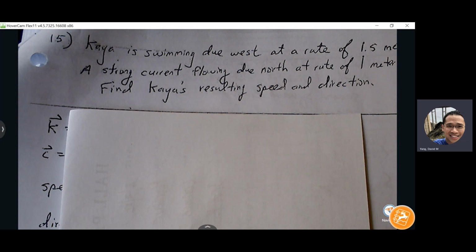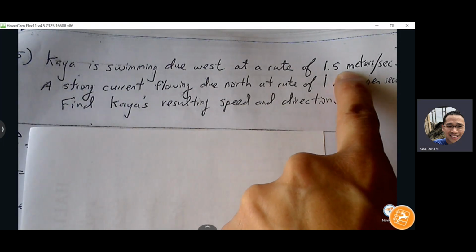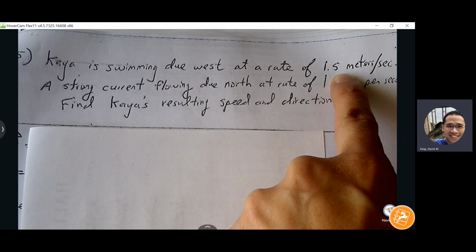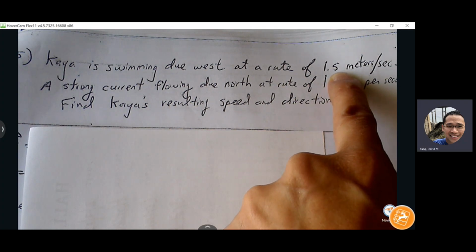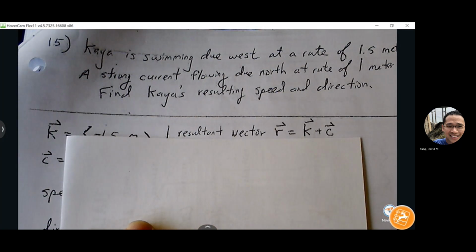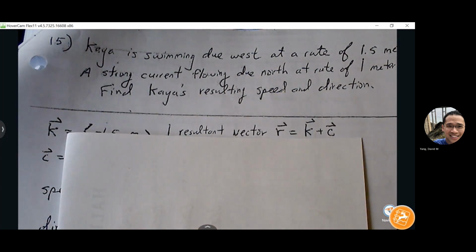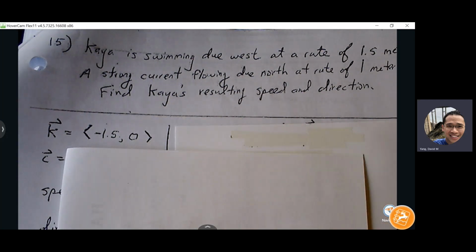What would you say? Is this due west a horizontal or vertical component? Horizontal. It's going left, so we got to make it what? Negative. Right, negative 1.5 comma 0.